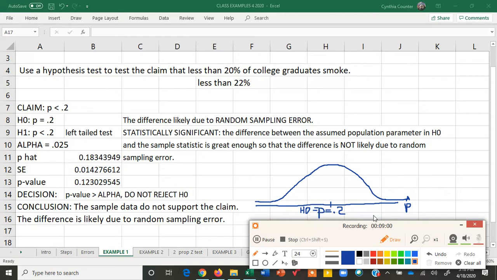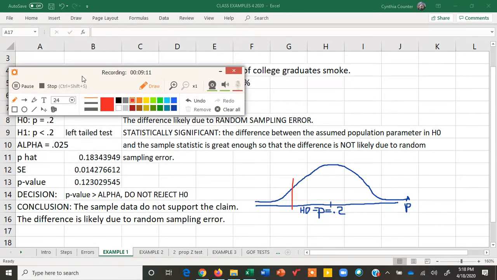All right, now we got a sample statistic that was less than 0.2. We got a sample statistic here that is less than 0.2. It was about 18%, so 0.18.